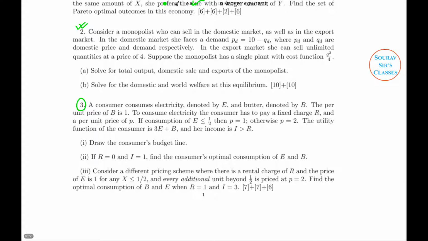So question 3 reads as follows. A consumer consumes electricity, denoted by E, and butter, denoted by B. The per unit price of butter is given.